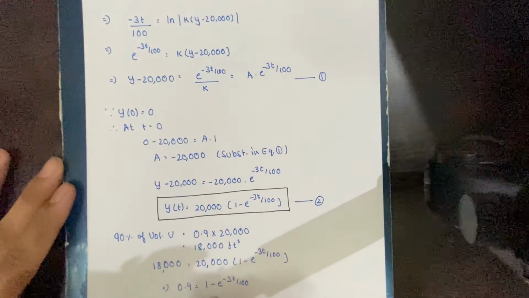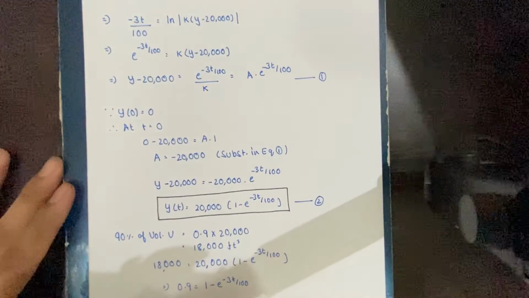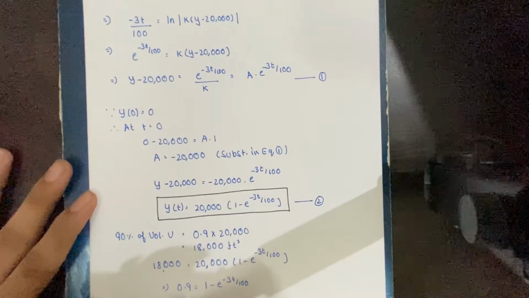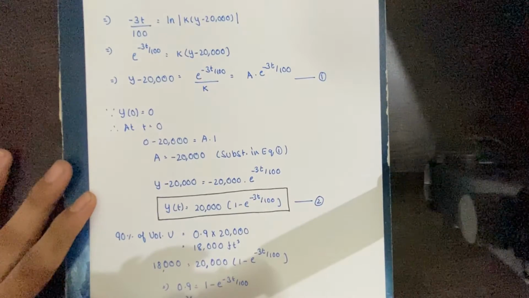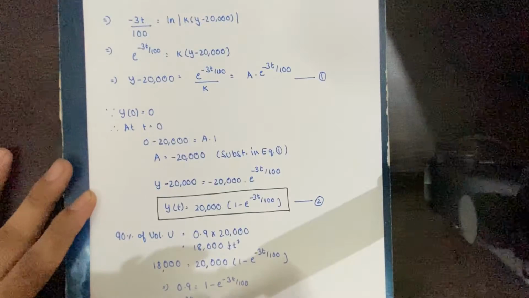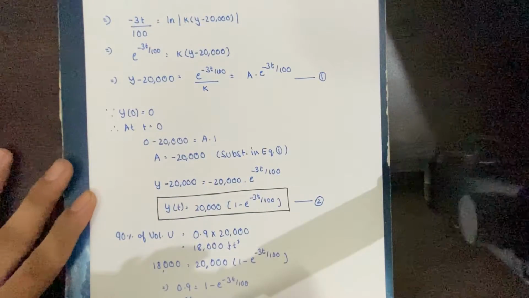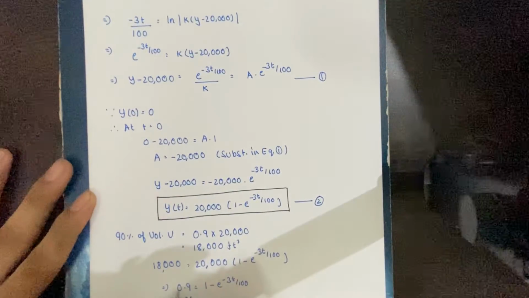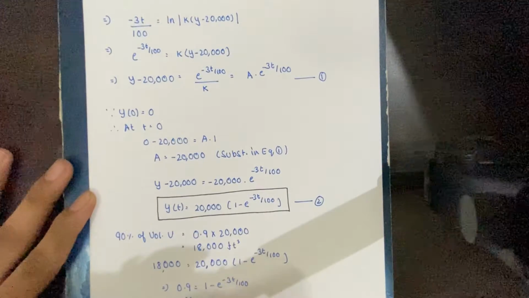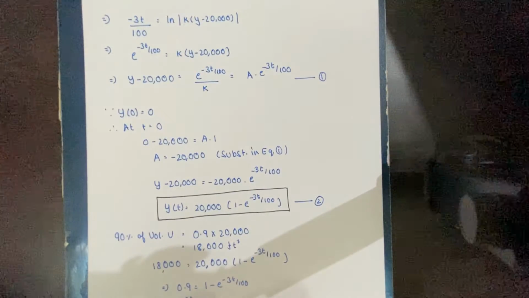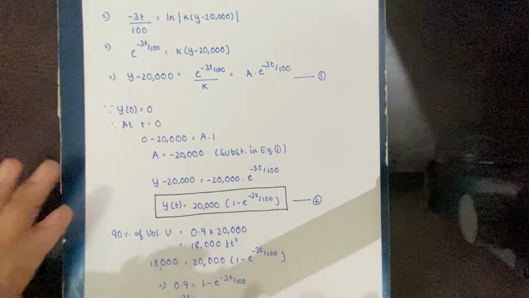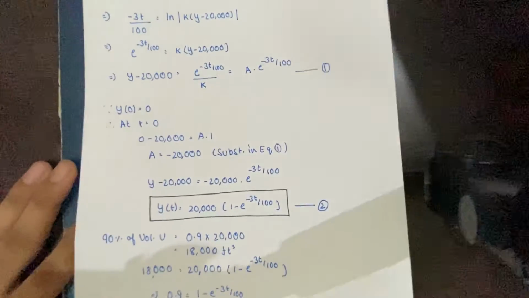So I swap the terms again and I get e power minus 3t by 100 equals 0.1. I took 0.9 to this side and 1 minus 0.9 is 0.1, and this became positive when it came to the right hand side of the equation.